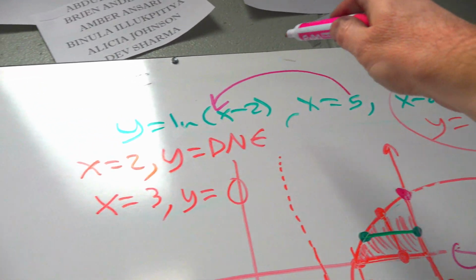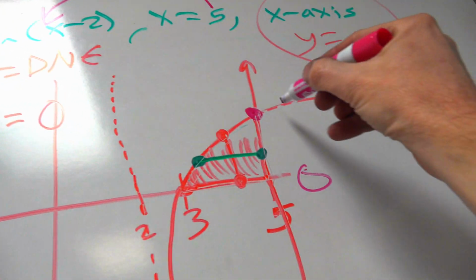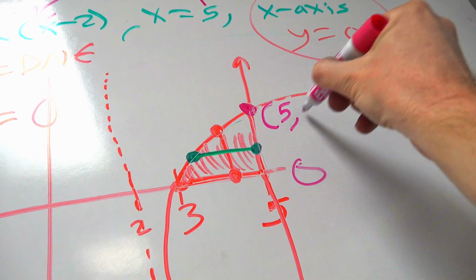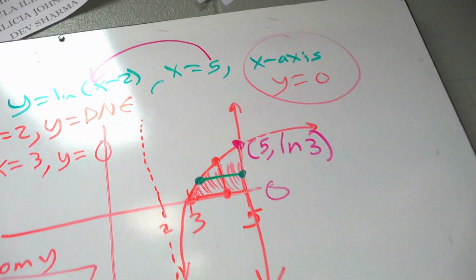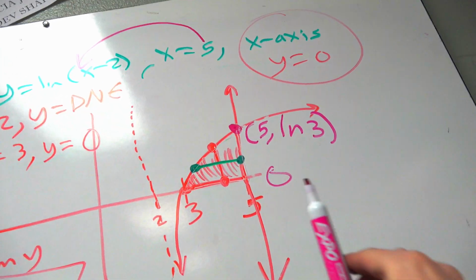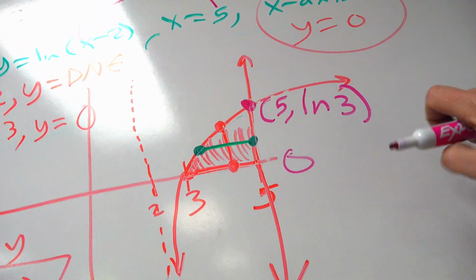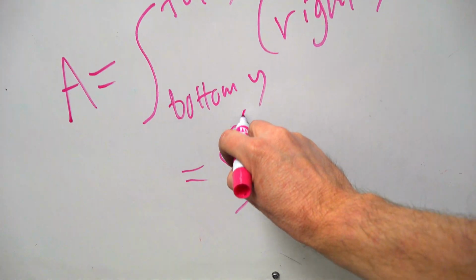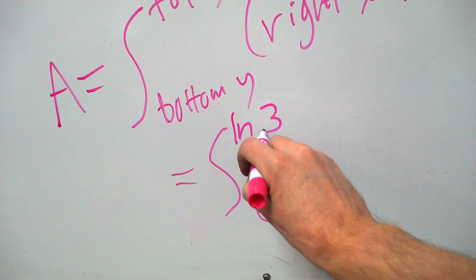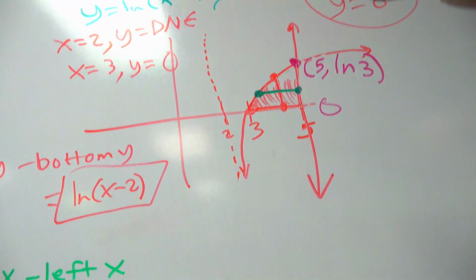Take 5, put it in there, and that would be the coordinate 5, comma, what is that, natural log of 3? 5 minus 2, right? There you go. The 5 is the x, but we're looking for the y right now. It's natural log of 3. So we're going to stack our horizontal distances, or integrate from 0 to natural log of 3, stacking this way.